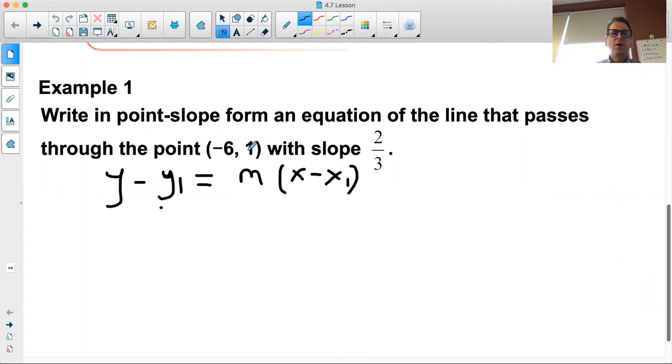If you look at this point, -6 is considered x1, and 1 is considered y1. The slope is m.